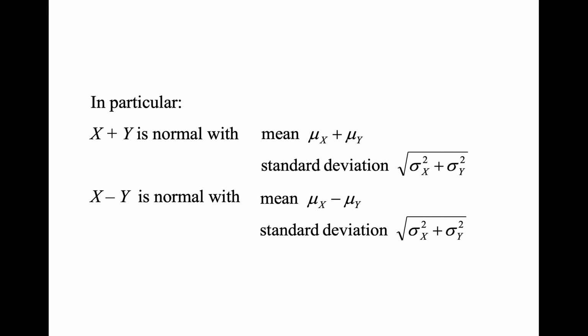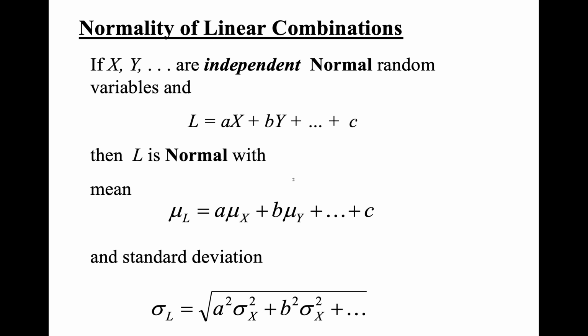So I think this is the repetition. Okay, normality of linear combination. If X and Y are independent normal random variables and L equals aX plus bY plus c, then L is normal with mean a mu_x plus b mu_y plus c, and the standard deviation is defined as such.